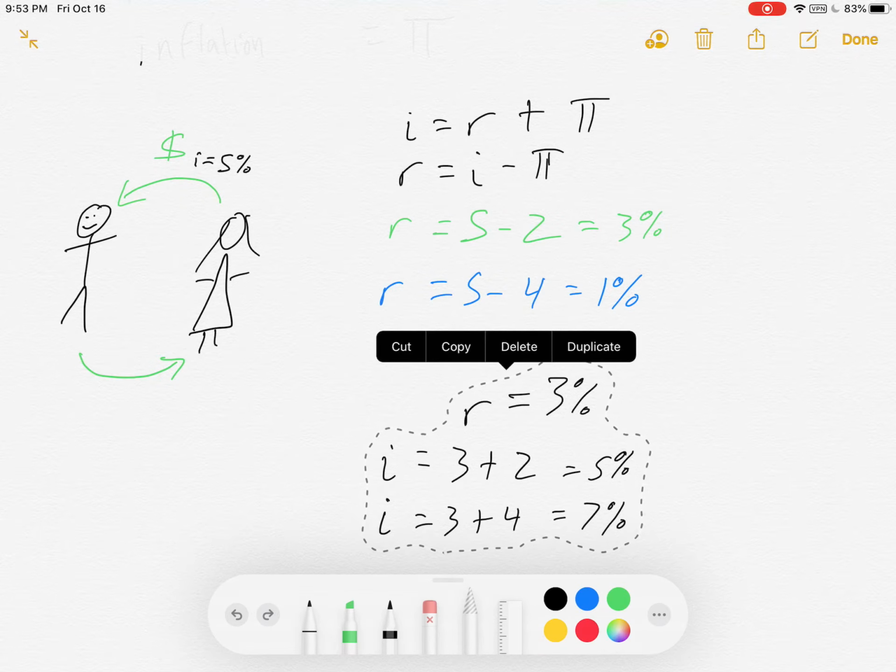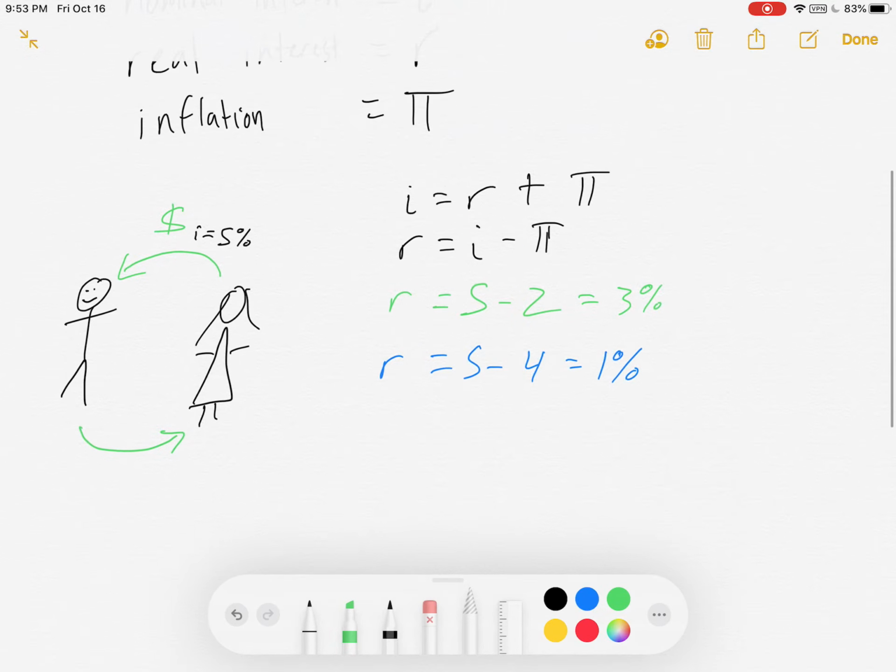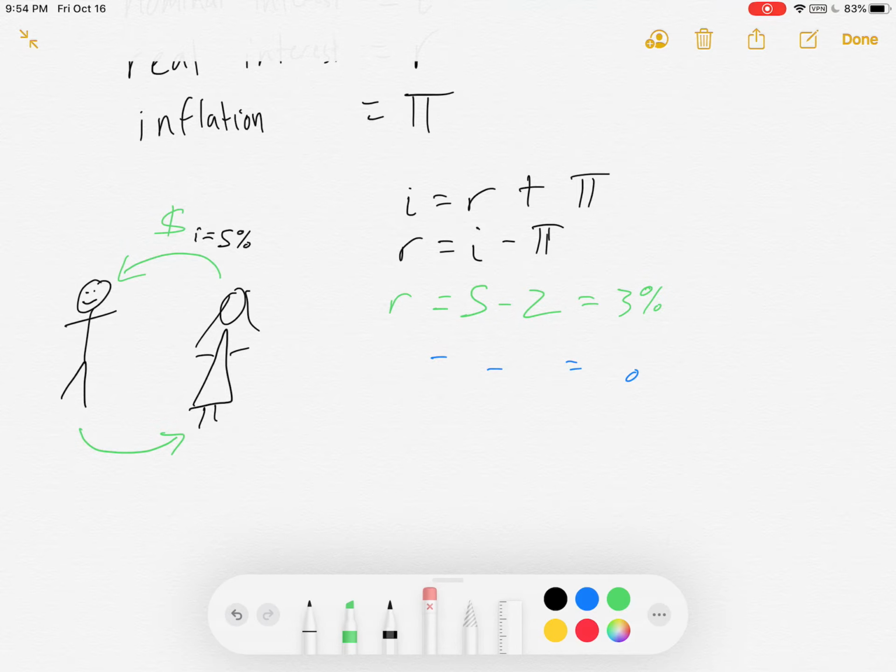Now, we can still step aside, though, because sometimes things don't go the way we plan. What if, for instance, we signed on where everyone was planning on a 2% inflation rate and the bank wanting their 3% real interest rate set a nominal rate of 5. But then, as soon as the loan passes, the government changes its target to 4%. Oh, like we did a minute ago, R equals 5 minus 4 is 1%.